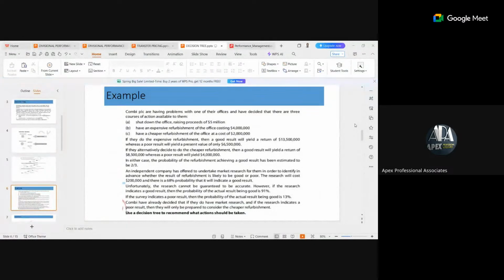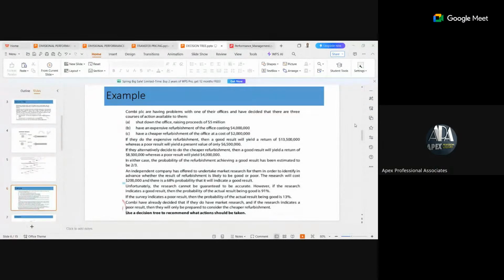If they are to refurbish the office, they will incur a cost of 4 million when they go the expensive way. When they adopt a cheaper approach, they will incur 2 million. And they have the option of waiting for the outcome of the market research.